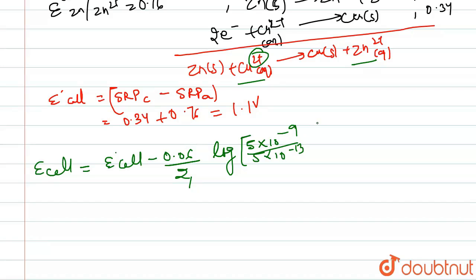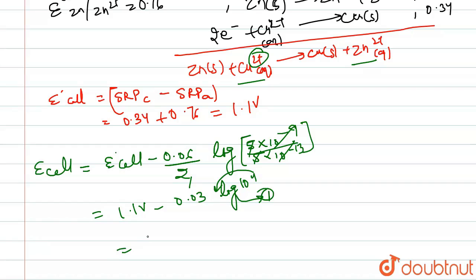So the 5s cancel out and we are left with log 10 to the power 4. Putting in the values, E cell will be 1.1 volt minus 0.03 into log 10 to the power 4. The 4 jumps out front and the log 10 equals 1. If you calculate this, the value of E cell equals 0.98 volt.